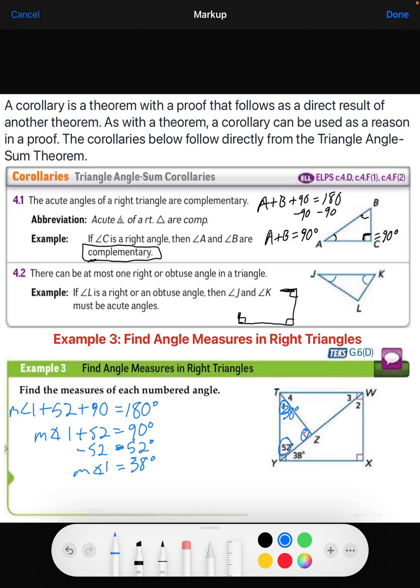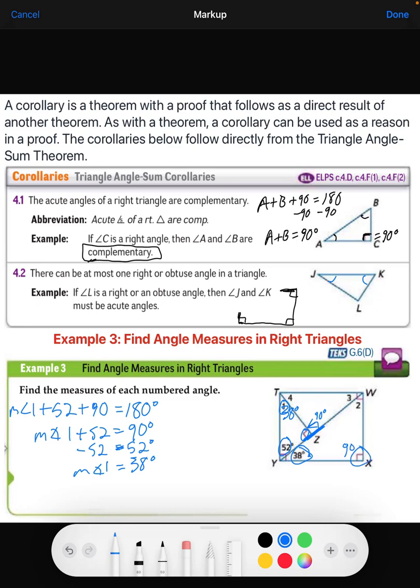So we have 38 degrees here. Then we can also see that there's a line here, so this angle is also going to be a 90-degree angle. So 90 degrees. Then we also have this angle, which we know is 38. This angle is 90 degrees.